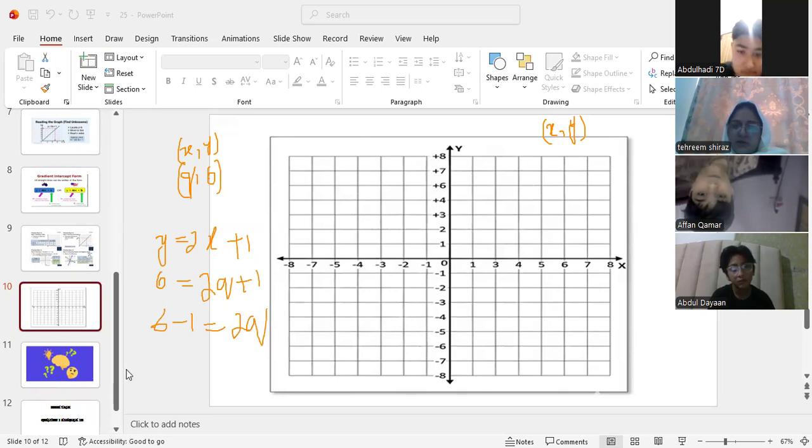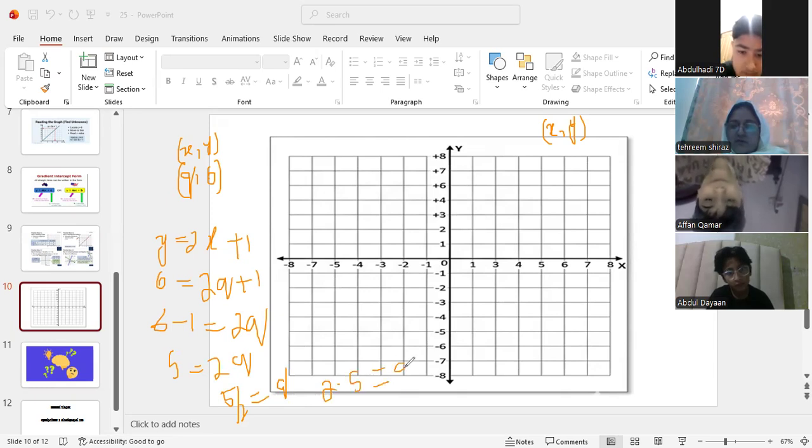Now, 5 equals 2q. 5 divided by 2 equals q. 2.5 equals q. Is this clear now? Ma'am, 2.5 is the answer? Yes, 5 divided by 2 means 2.5. Is this clear? Yes, ma'am.